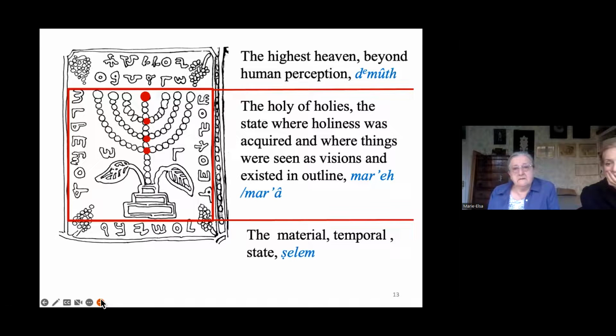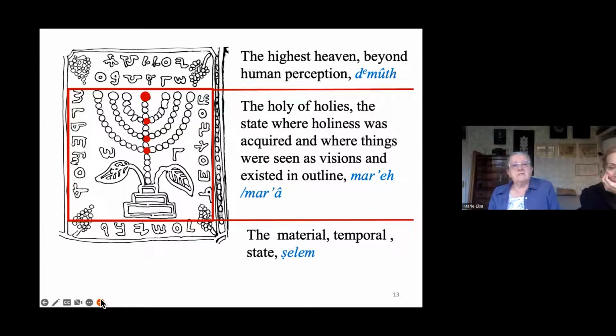In the middle, I've drawn it as a complete red square because the Holy of Holies was a cube of 20 cubits. And this central section of the tablet, which is in a fairly elaborate code, which I'll tell you about in a moment, this Holy of Holies is the state where holiness was acquired, where things were seen as visions and existed in outline.